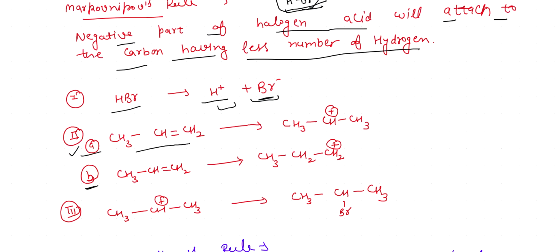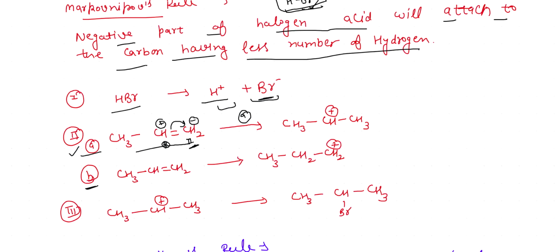In the first case, A, there is formation of a carbocation. There is shifting of these pi electrons; you can label the carbons 1 and 2. From carbon 1 to 2, the electrons are shifted toward carbon 2. Clear? When the electrons are shifted toward carbon 2, it will get a negative charge and carbon 1 will get a positive charge.